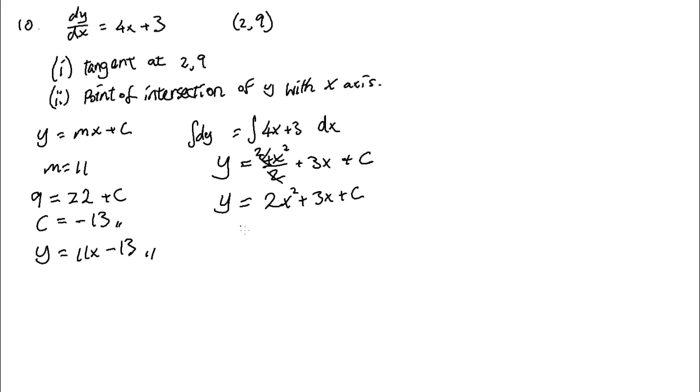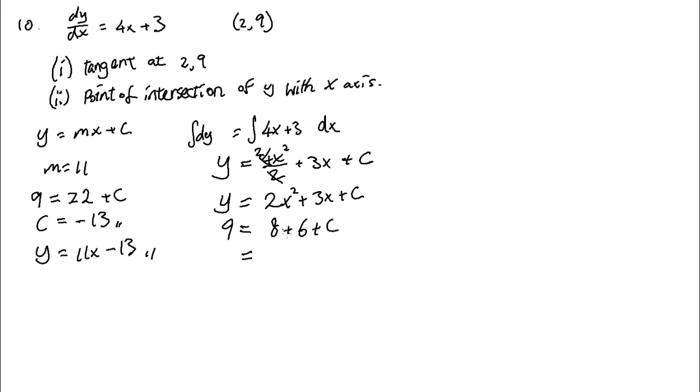Now we need to find the value of c, but because we have the point, this will be relatively easy by just substituting y is 9, x is 2, so this is 8 plus 6 plus c.